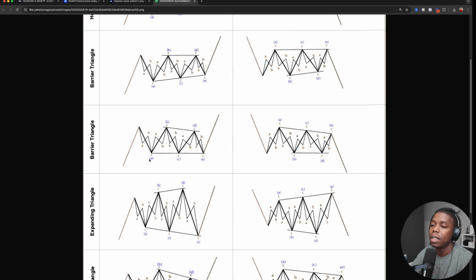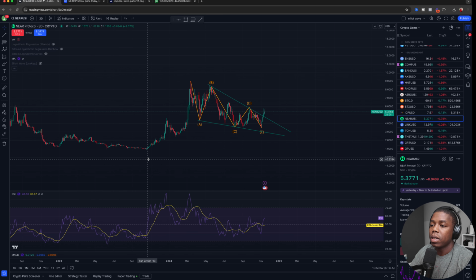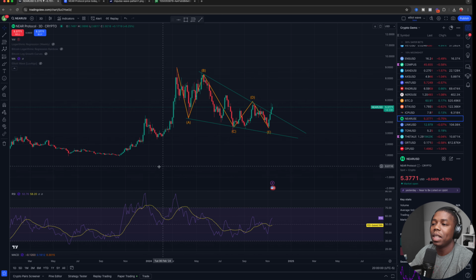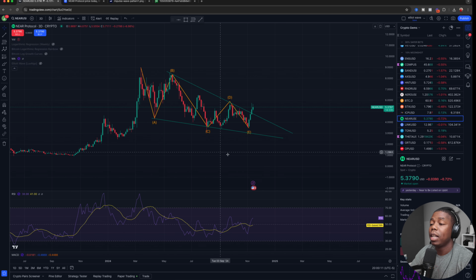So you will see that there is an A, B, C, D, E that's formed, and each one of those waves is broken down into smaller 3-wave structures like A, B, C. Don't have time in this video to go into all of that, but the main point is that we have an uptrend, and then it corrects into this 5-wave pattern, which then is going to continue on in the initial direction. So to show that, we literally have this uptrend, then we have price doing an A, B, C, D, and E pattern right here on Near Protocol.